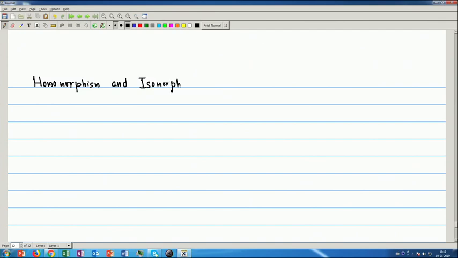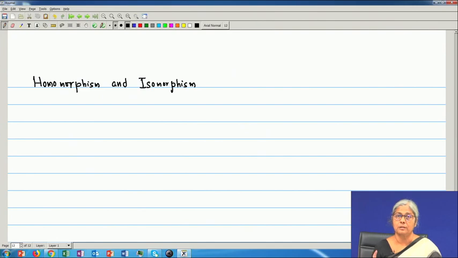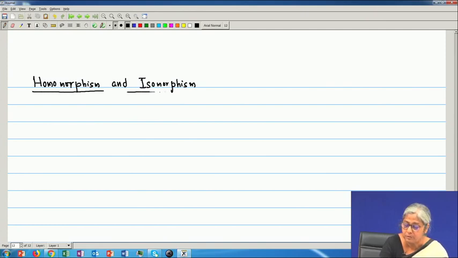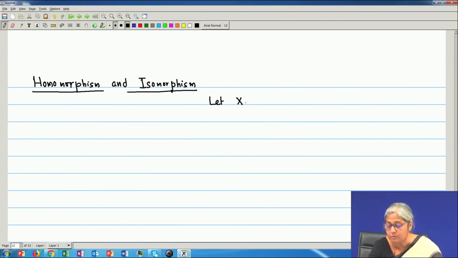This will show that if two algebraic systems are isomorphic, then they are structurally similar. So, homomorphism and isomorphism: we give the definition, since it gives a relation between two algebraic systems. I consider two algebraic systems (x, dot) and (y, star).